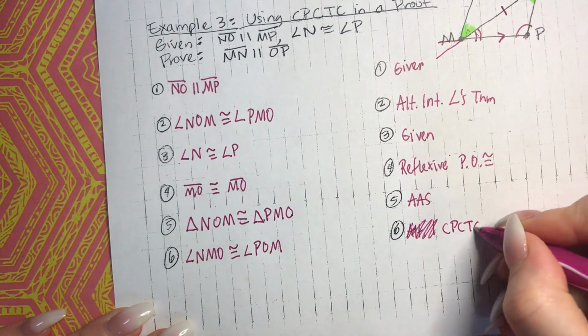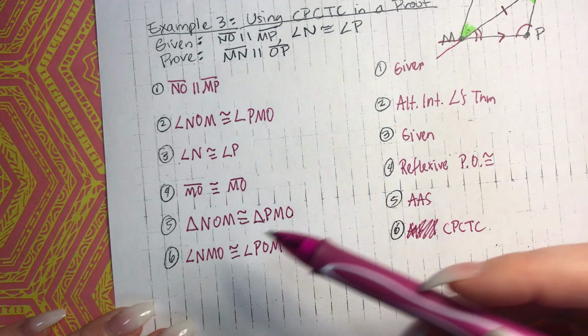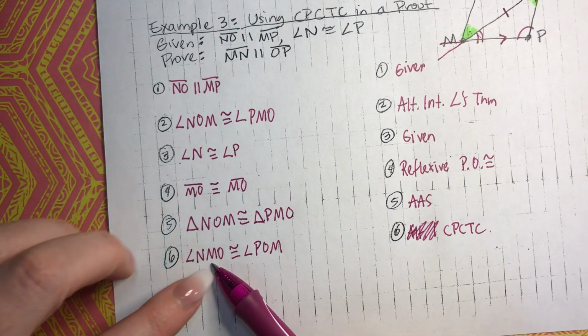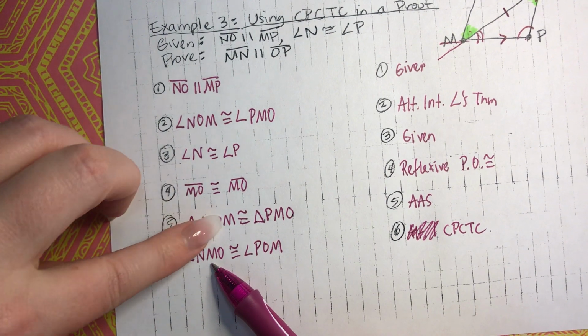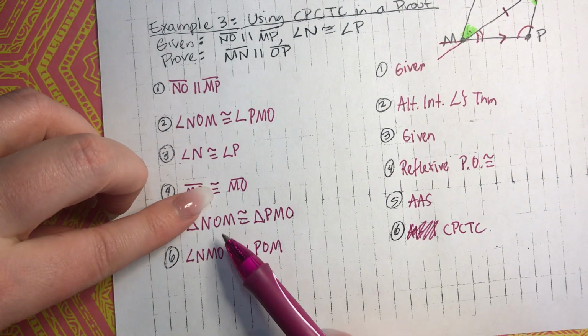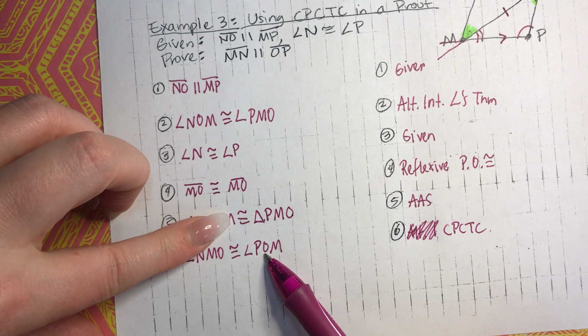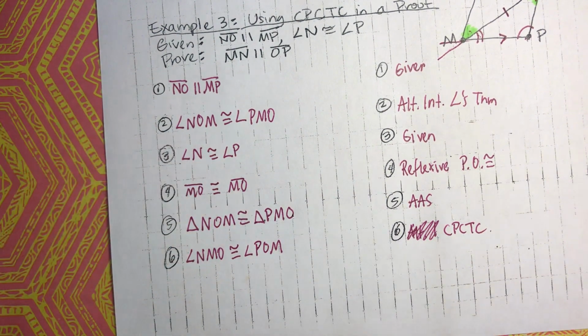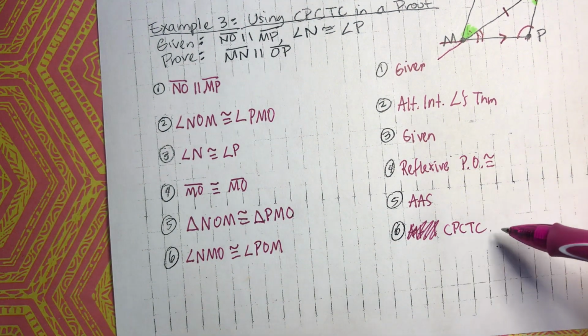Sorry about that, right? And if you look here, angle M and angle O, angle M in this triangle is the third, first, second, third, and O is first, second, third here. So those are the same, right? Okay, CPCTC.